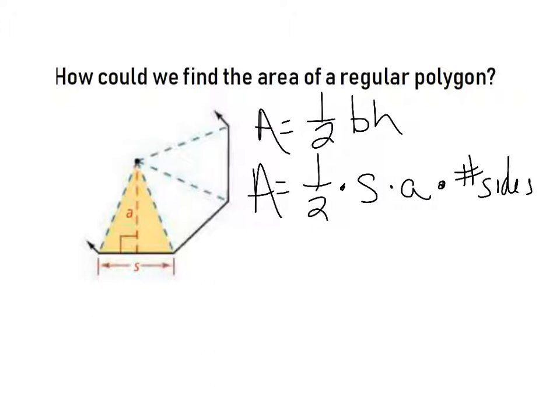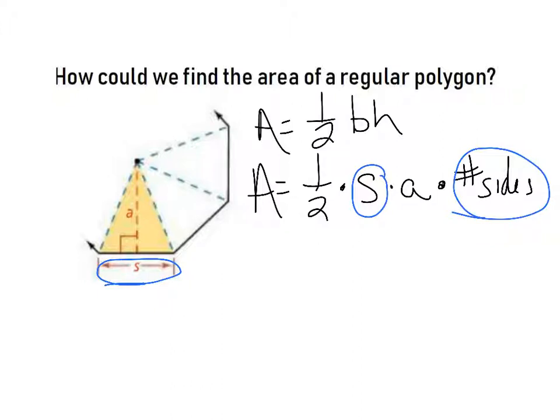Because what I'm really looking for here is a pattern to simplify this. If you take this side measurement and multiply it by the number of sides, and remember that the order that you multiply doesn't matter, I'm taking a 1/2 times this, times this, times this.